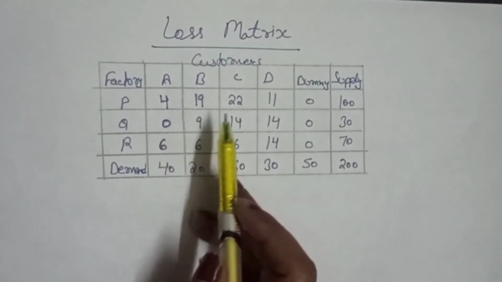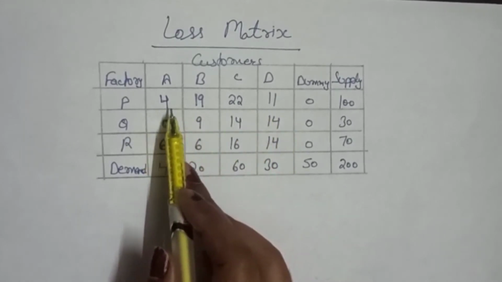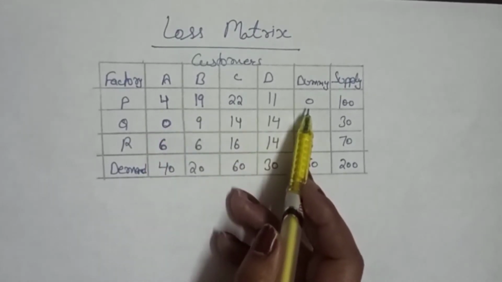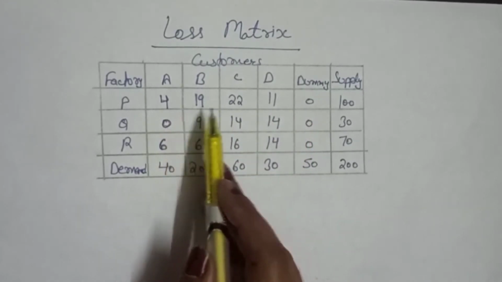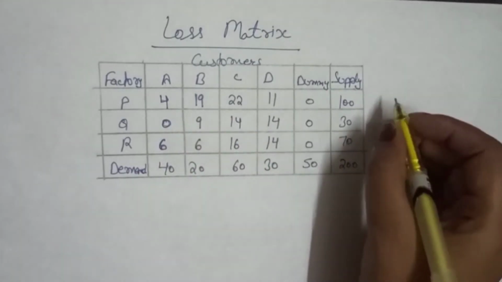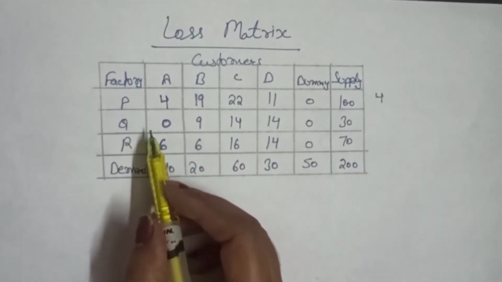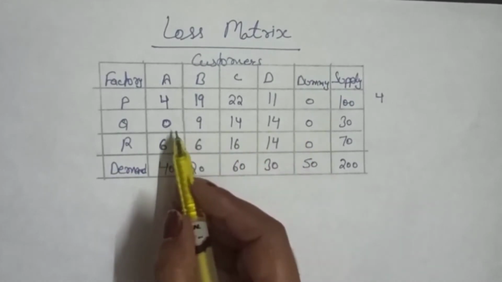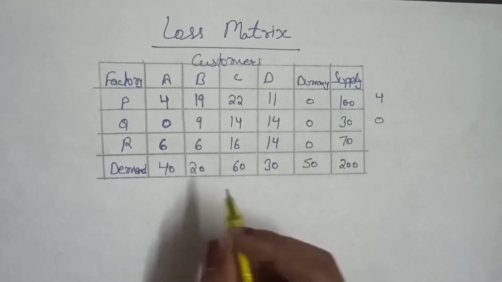So the way is, we will find the least value in every row. Our least value in this row is 0 and the next least value is 4. We will write the difference of 0 and 4 here. For the next row, our least value is 0, and the next least value is also 0. The difference is 0.